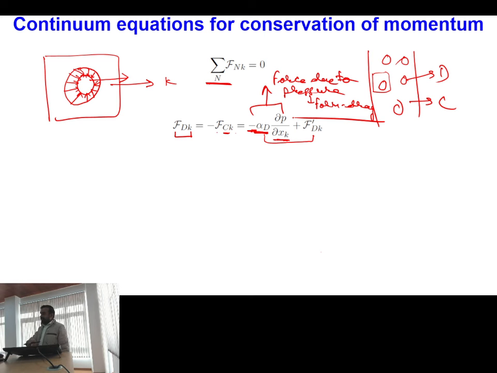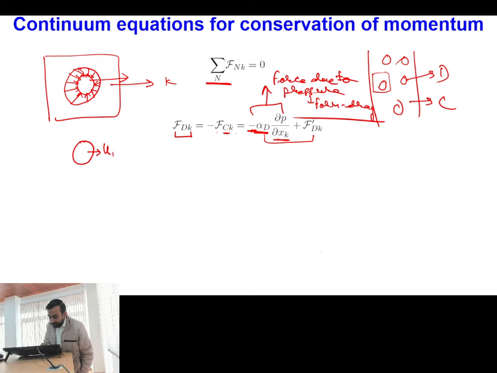Whatever I am writing now is applicable only for a two-phase system. Here I have one dispersed phase and the other continuous. Then the second type of forces will come because of the interfacial shear. Say this particle is moving at some velocity u d k, and the surrounding fluid is moving at some velocity u c k.